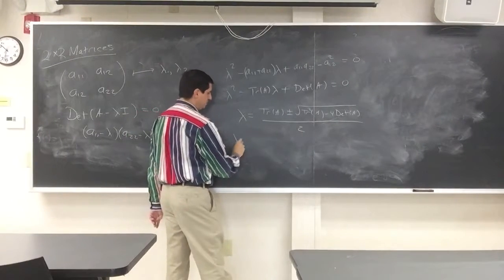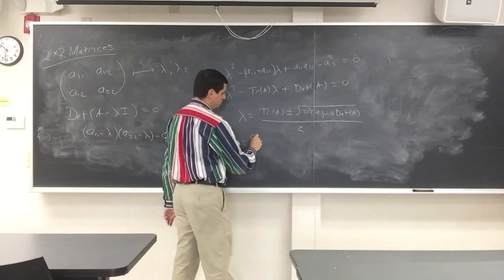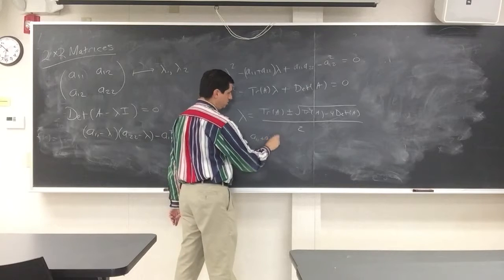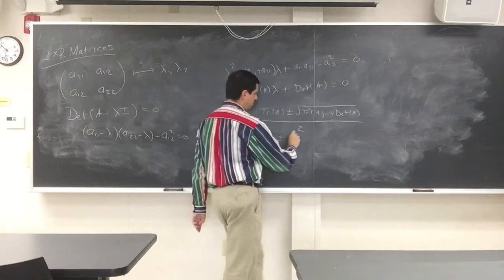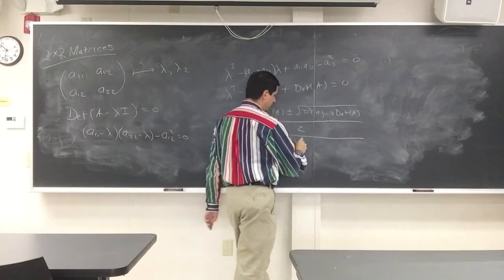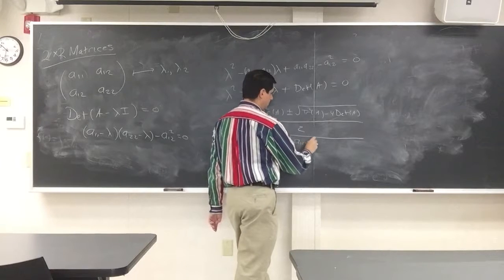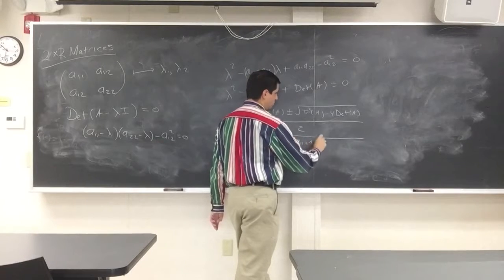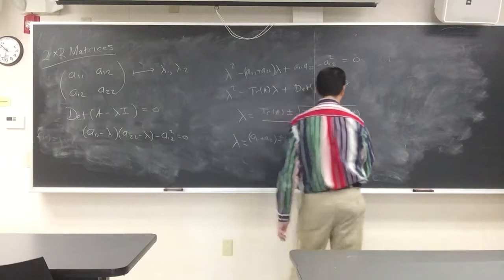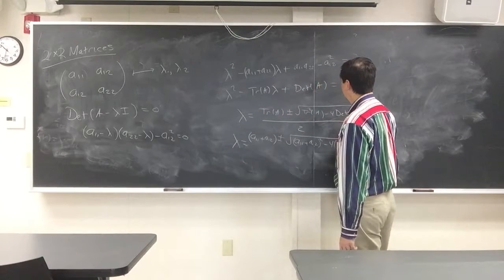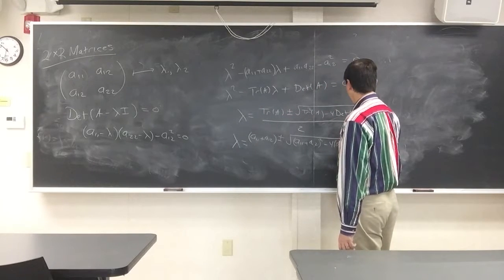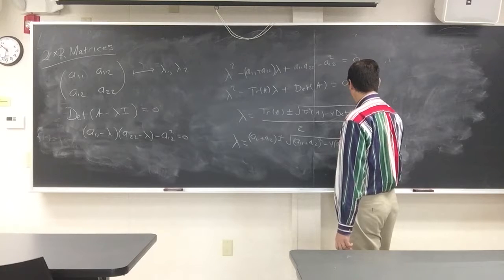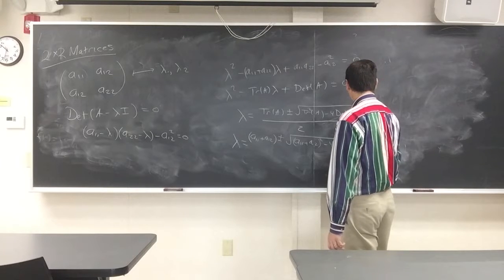Or being explicit, lambda is the trace of A, which is A11 plus A22, plus or minus the square root of (A11 plus A22) squared minus 4 times (A11 A22 minus A12 squared).